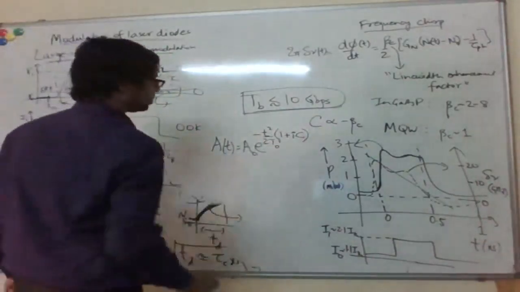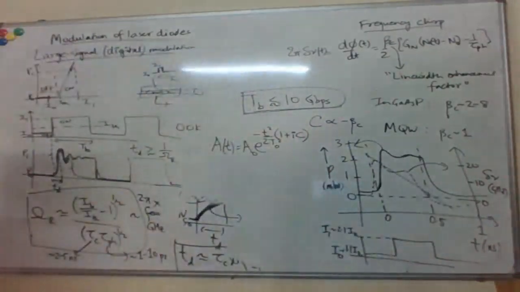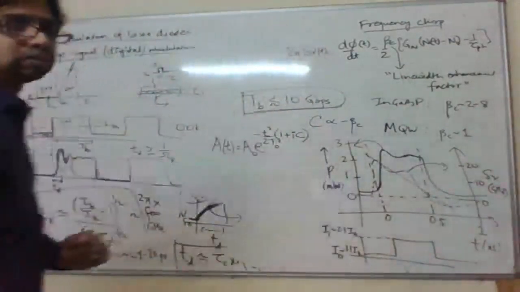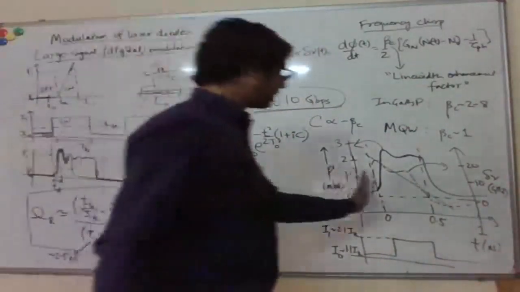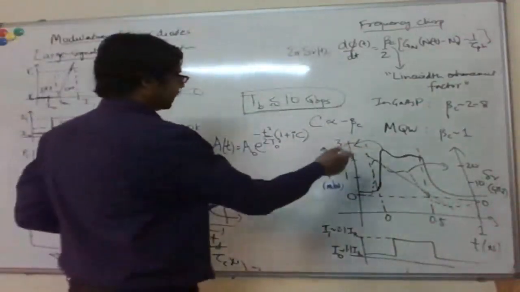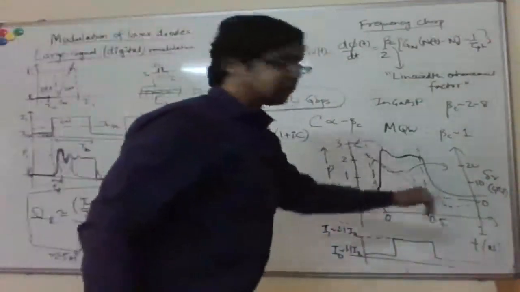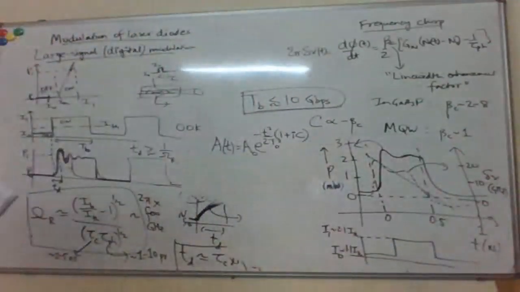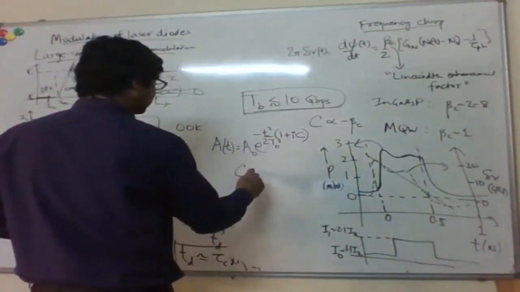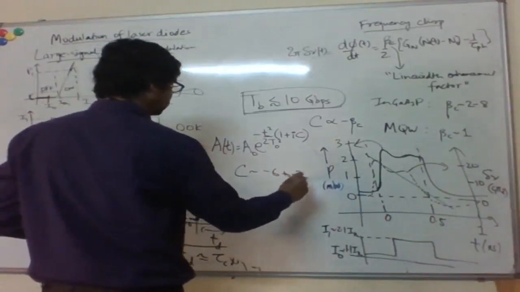So if this C is negative, the instantaneous frequency decreases with increasing time in the pulse. And so basically, directly modulated laser diodes will always give you a negative chirp. The C value that you typically get for these DMLs is between, let's say, -6 to -2 in that range.